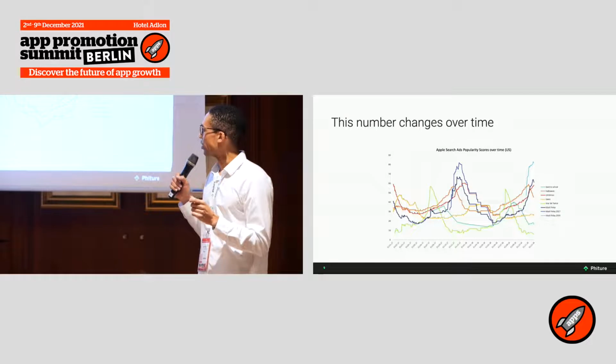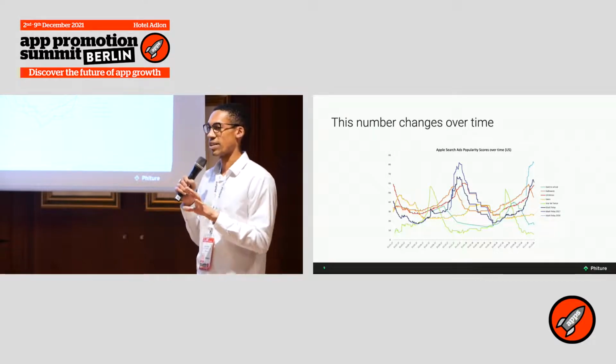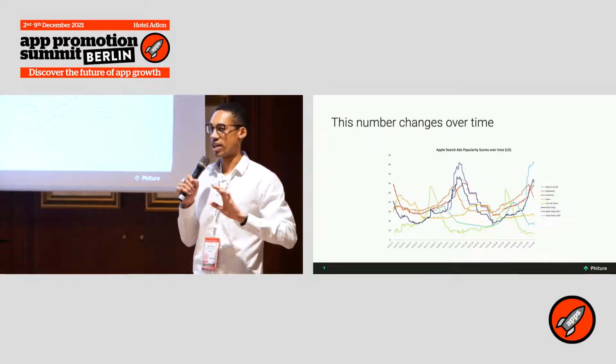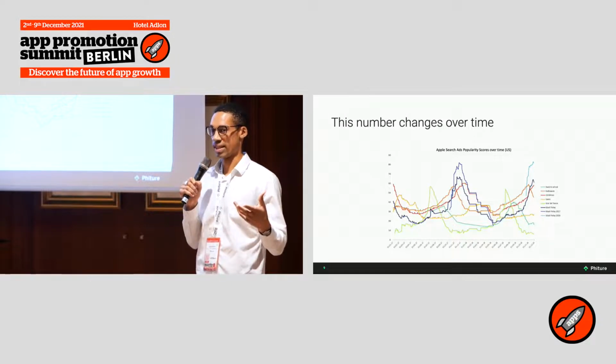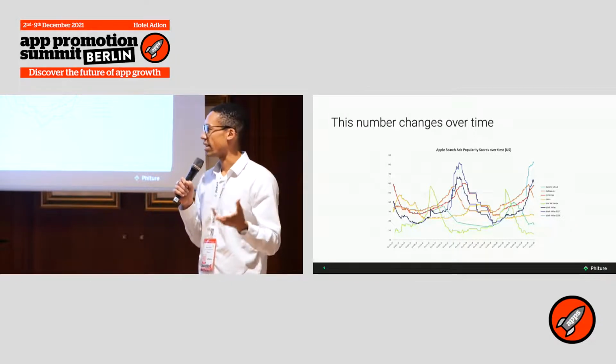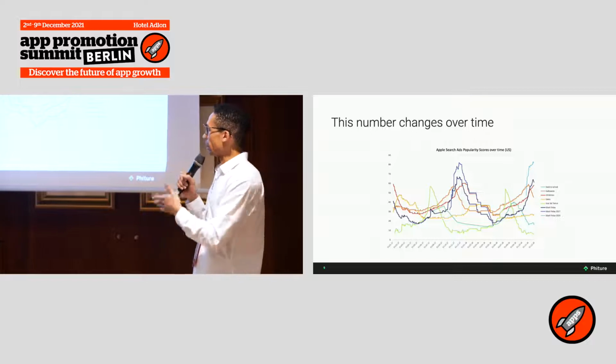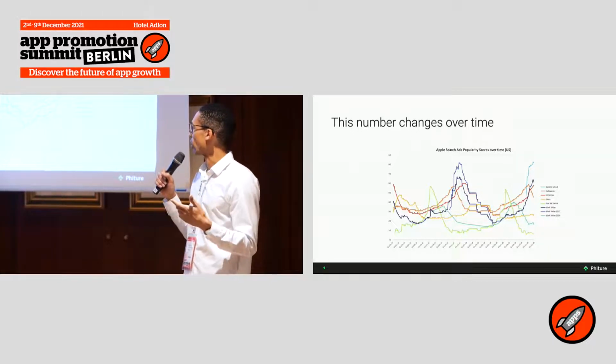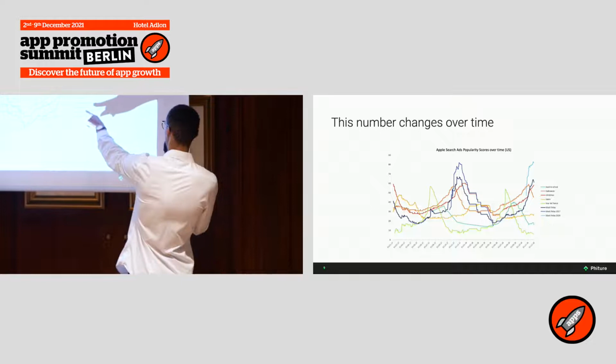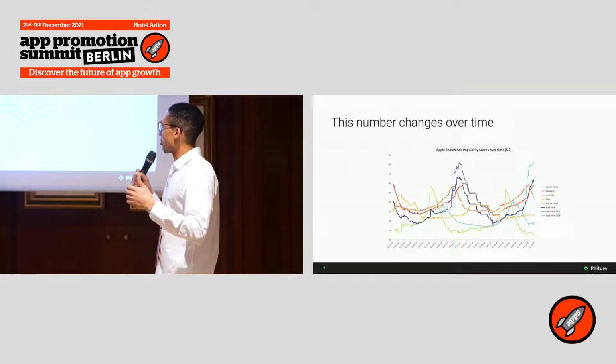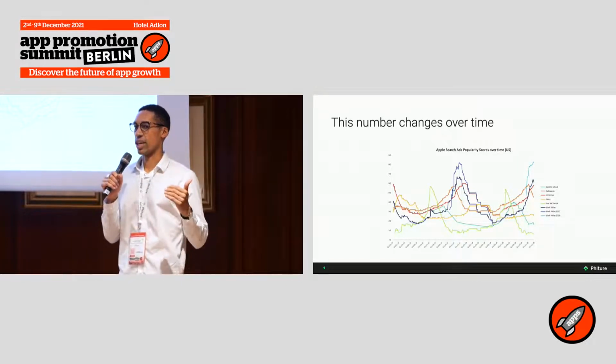And you can see that search popularity, it's important to note, is not static. This changes as the search trends change throughout the year, throughout the seasons. Here, for example, you can see that there are some seasonal terms. Black Friday, for instance, the blue here, has a very significant change in search popularity.